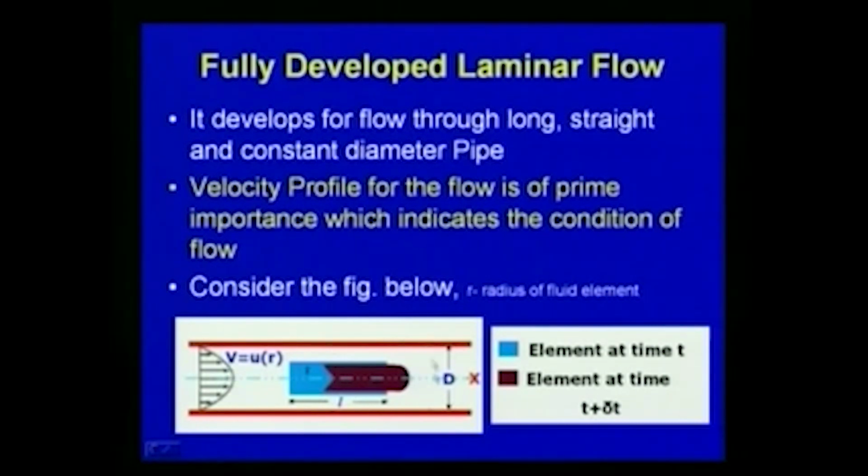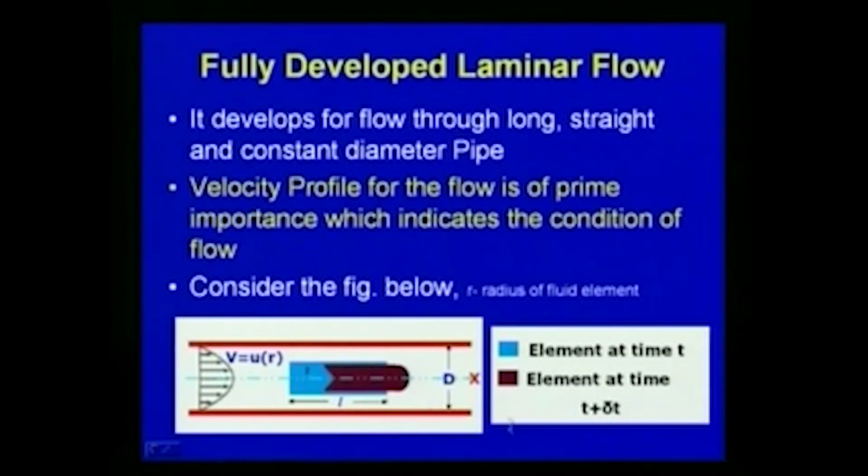If you consider fluid elements at time t, here this blue color is the fluid element at time t, and then the fluid element at time t plus delta t. Here the diameter of the pipe is d, and we consider a fluid element of length L, and for the fluid element the radius is small r.